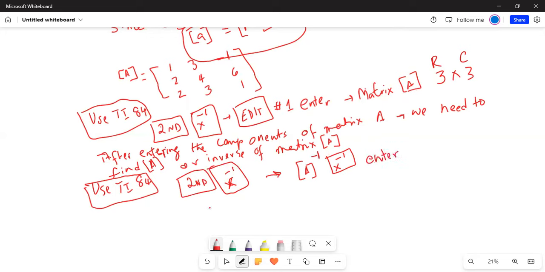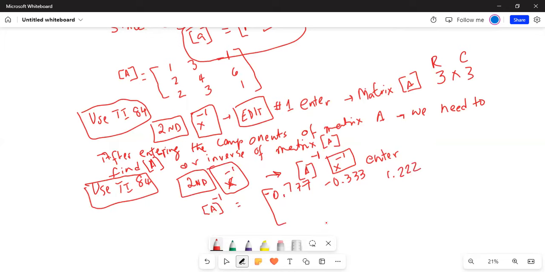So basically, you will get the inverse matrix of A. This will be your inverse matrix: minus 0.777, minus 0.333, and then 1.222.